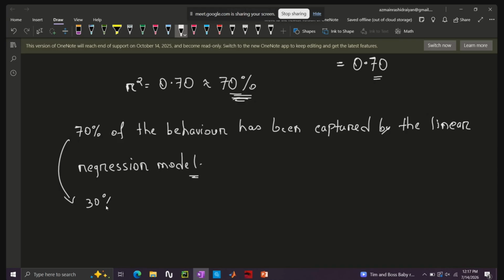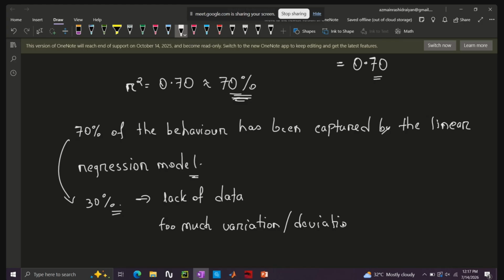The remaining 30% would not be found because of, let's say, lack of data, too much variation, deviation, or uncertainty.